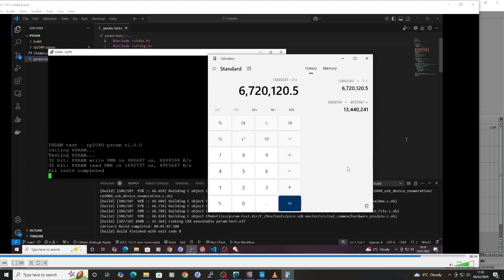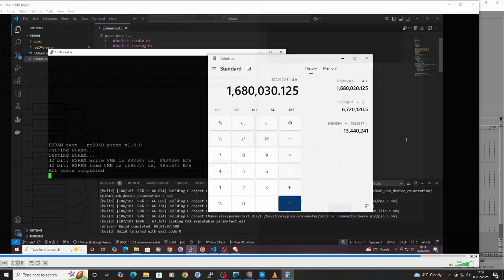But then of course I'm using 32-bit words, so I've got to divide that by 4, and that gives me 1.6 million samples per second, and I need to look at how that compares to what I need to achieve to implement the Freeverb algorithm.